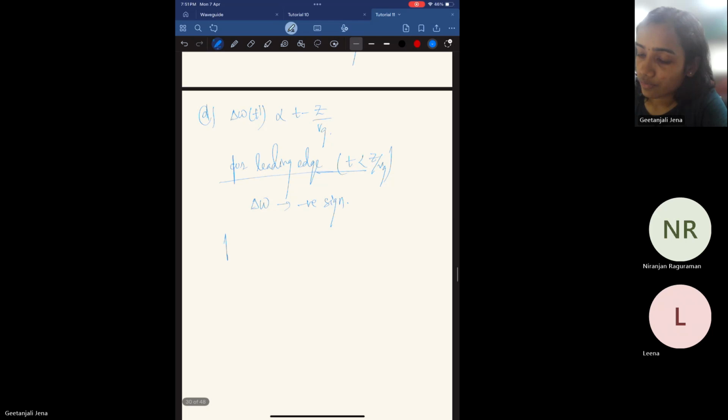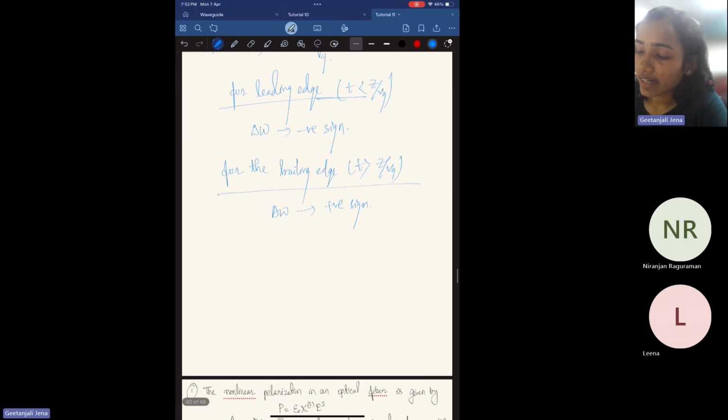And for the trailing edge, that is t greater than z by vg, we see that delta omega will be positive.